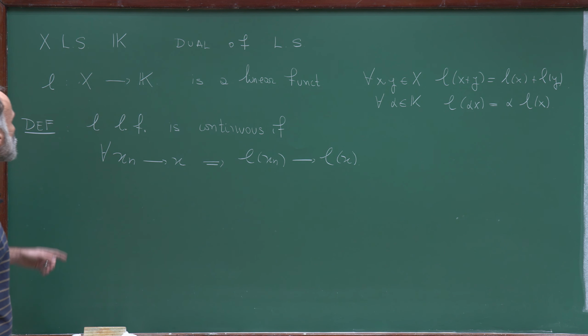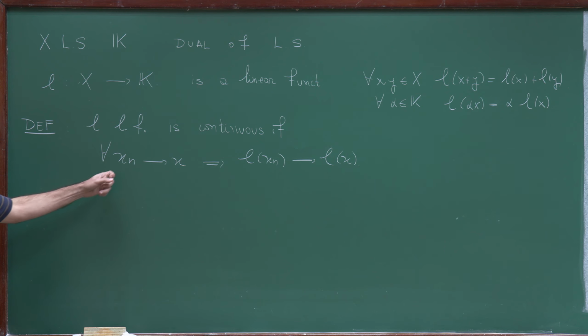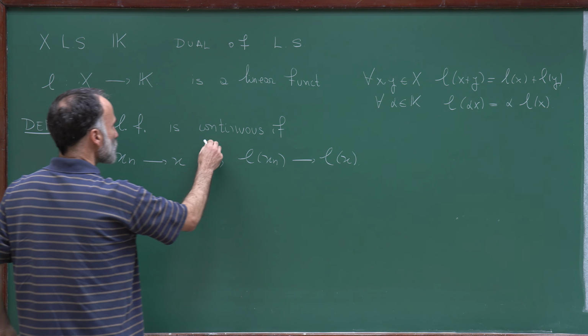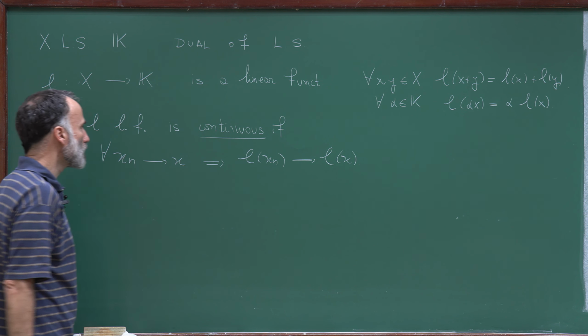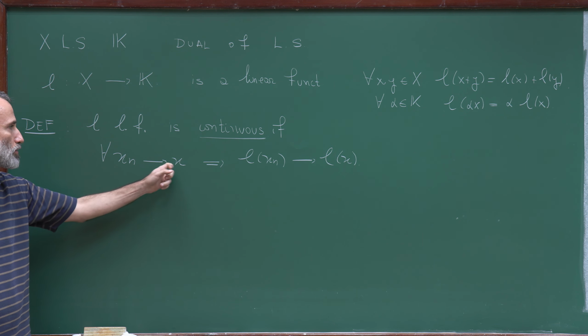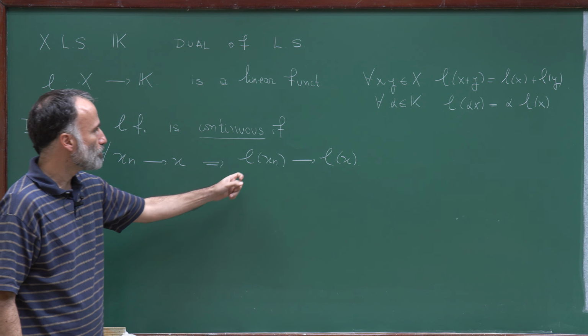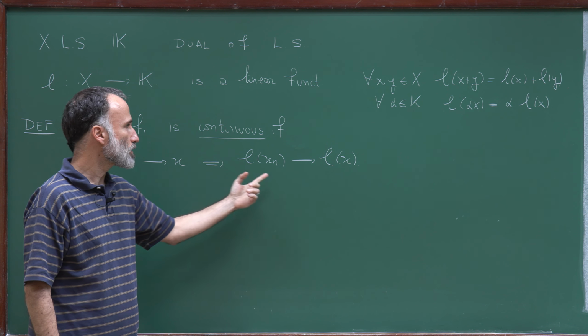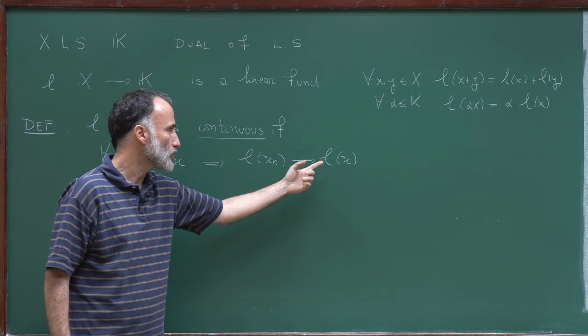So here I am assuming that X has a norm, so it has a topology, and I will say that this linear functional is continuous if for any converging sequence, then L of xn, as a sequence of scalars, converges to L of x.